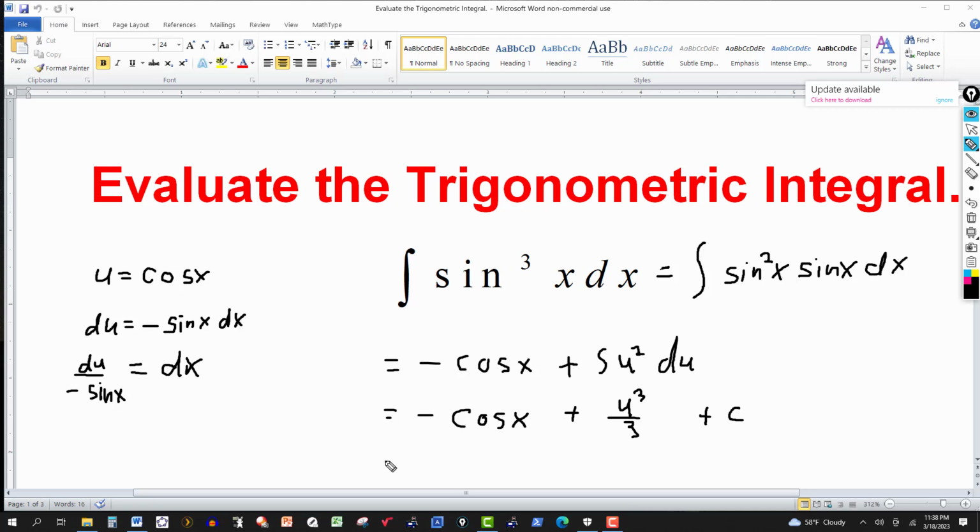And then we're just going to go back to the original variable, so it's functions involving x.